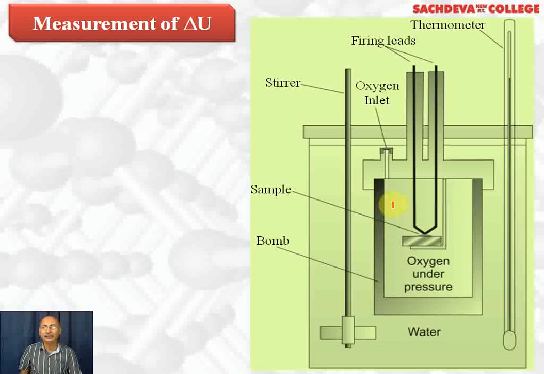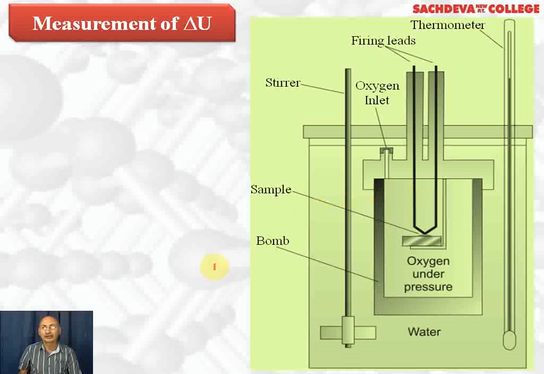Constant volume means this process is being carried out in closed container, so there is no change in volume. And if delta V is 0, it means no work is done on the system or by the system. So this is the method how we can measure delta U.